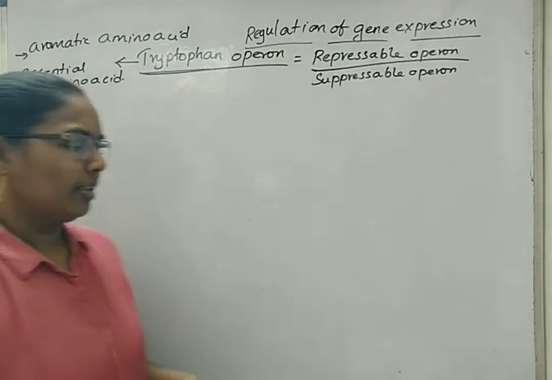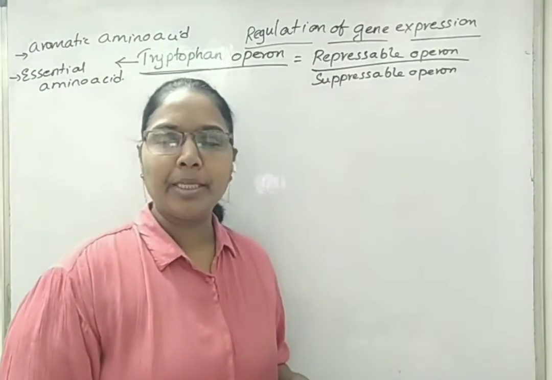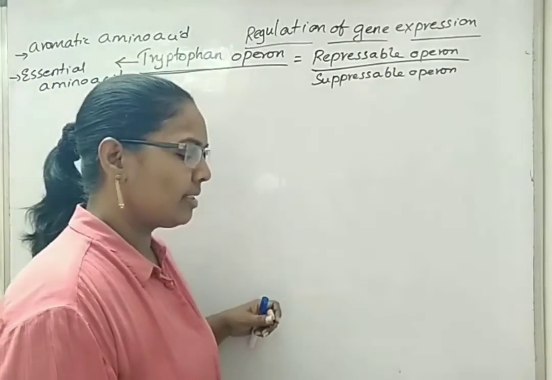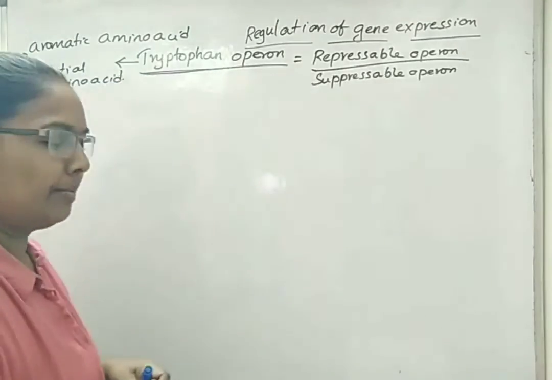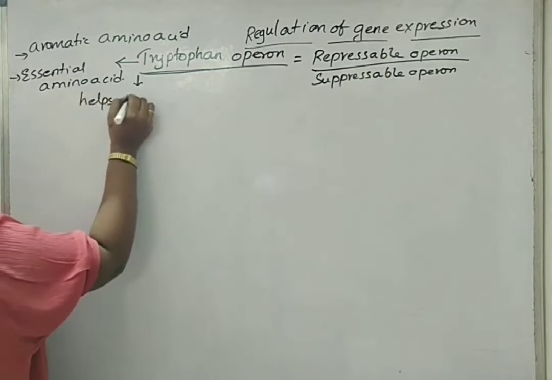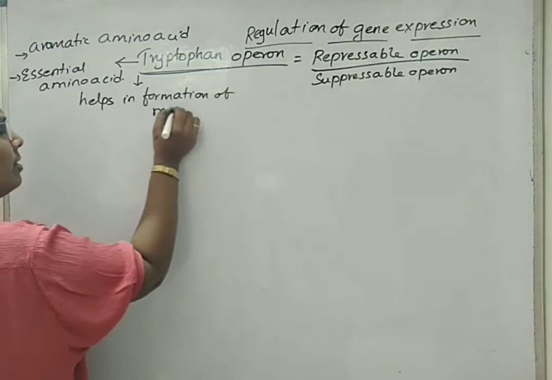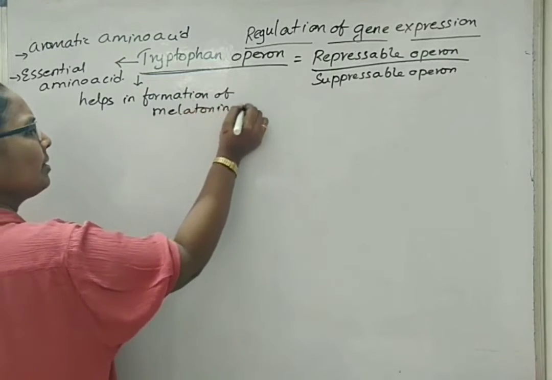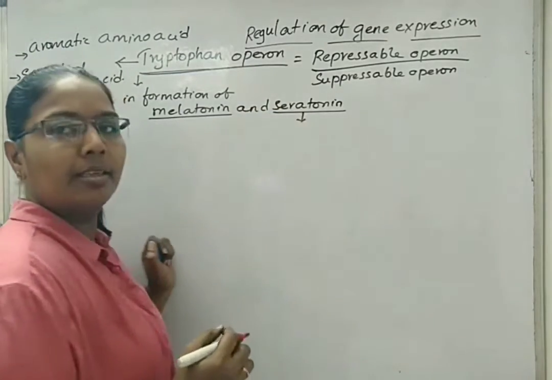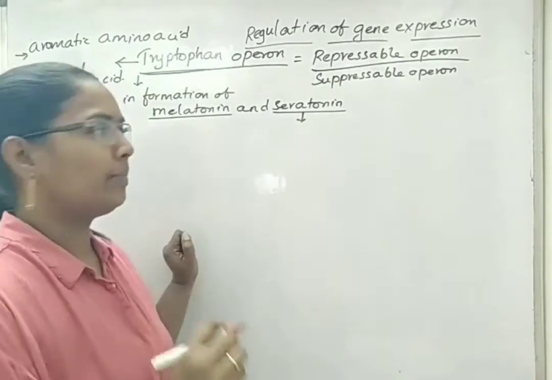This tryptophan is used in synthesis of melatonin pigment and serotonin pigment. It is also used in synthesis of vitamin B3. Serotonin carries information, it transfers the impulse from the nerves of the brain to the body parts.